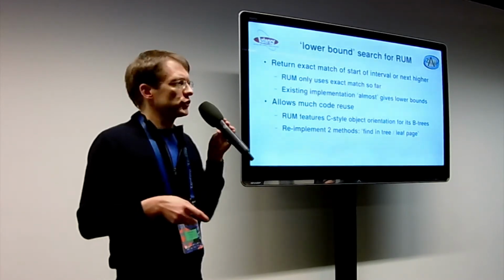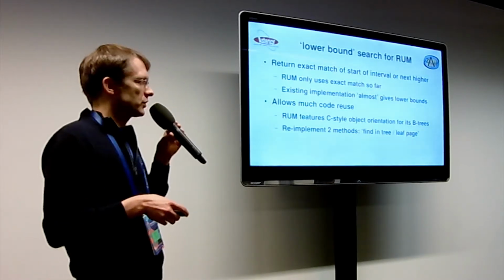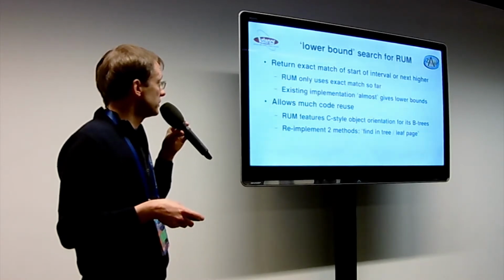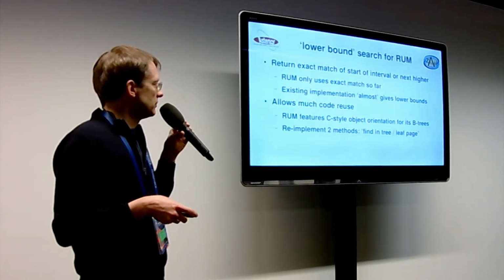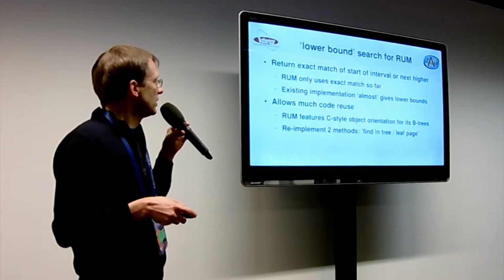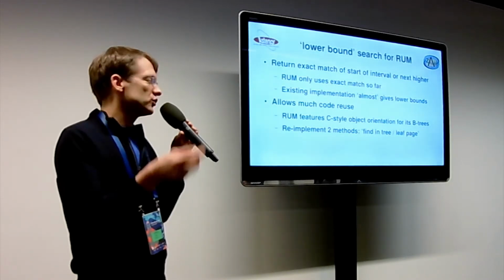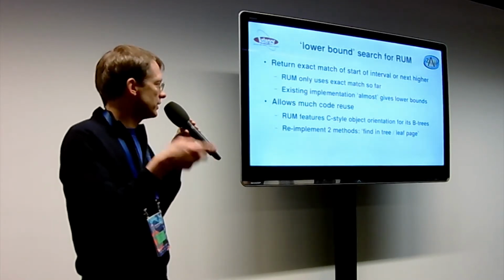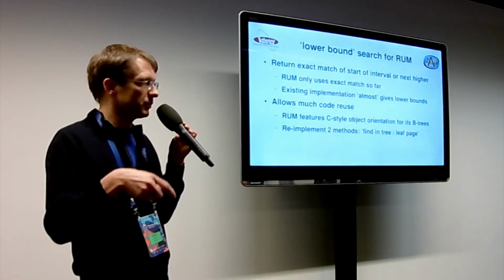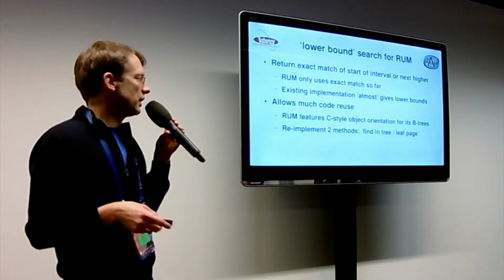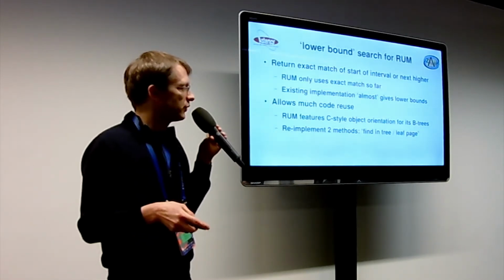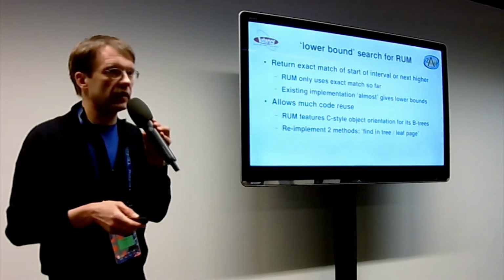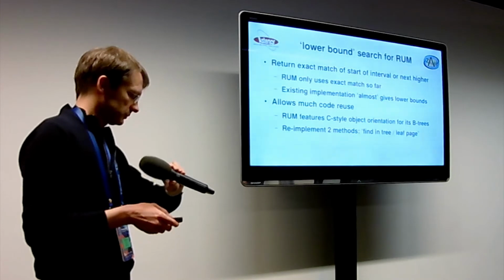However, this is not too hard to implement because internally RUM is relatively cleanly structured, and so for these operations on B trees, there's basically something like a C-like class with quite a few virtual methods, and only 2 of them have to be modified, namely the one to find something in a tree page, or the other one to find something in a leaf page. Right.